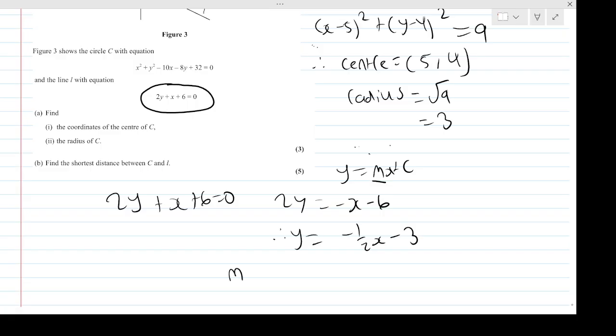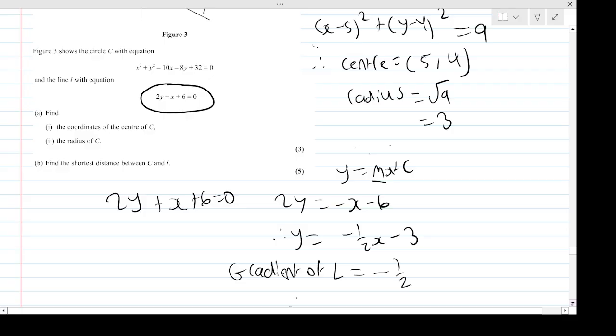Therefore, y will be minus a half x minus 3. Therefore, the gradient of L, which is the line drawn for us, is going to be minus a half.